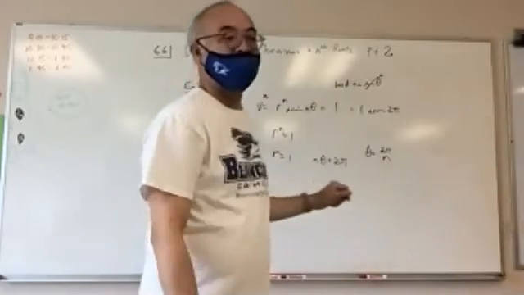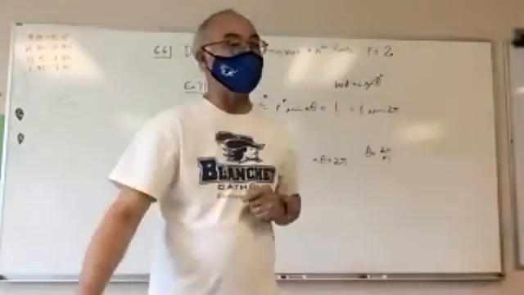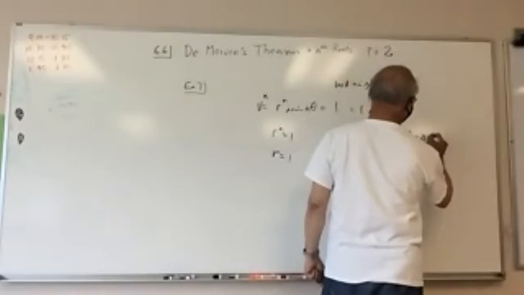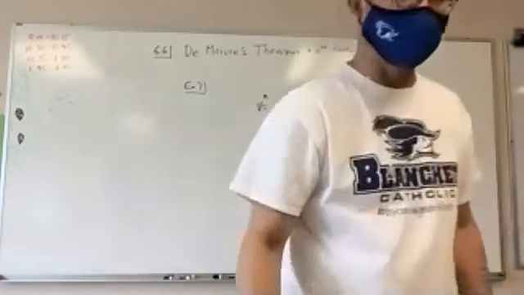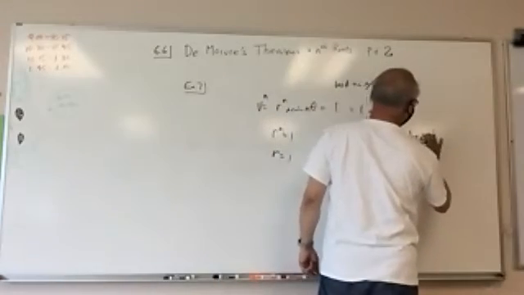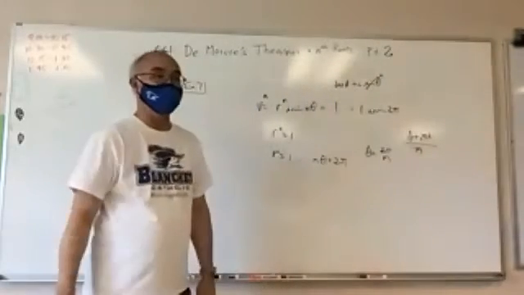You go to the top of page 509. Okay, what does it say? Theta is equal to theta plus 2 pi k over n.